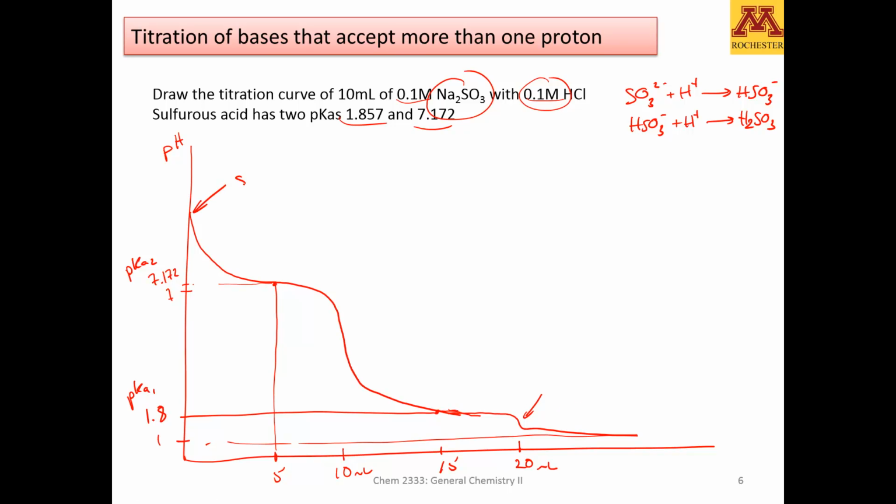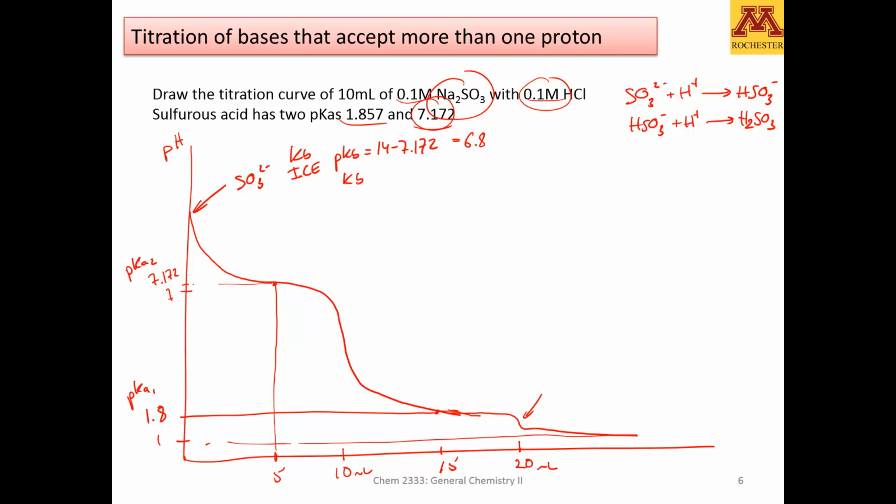So in here you have sulfite. How can one calculate the pH of the initial solution? Well, one needs to use the Kb and build the ICE table. What Kb? Well, this is the pKa, and the pKb will be 14 minus 7.172, which is around 6.8 something.